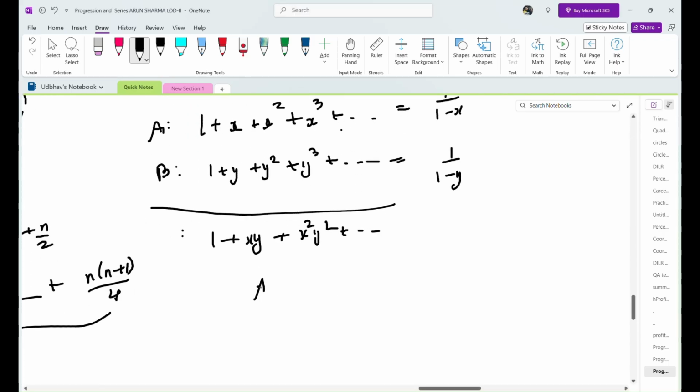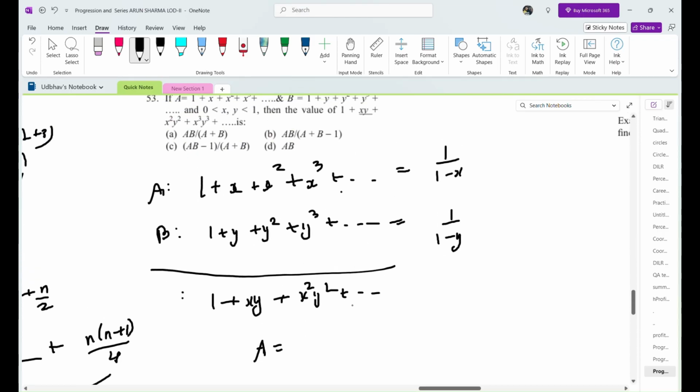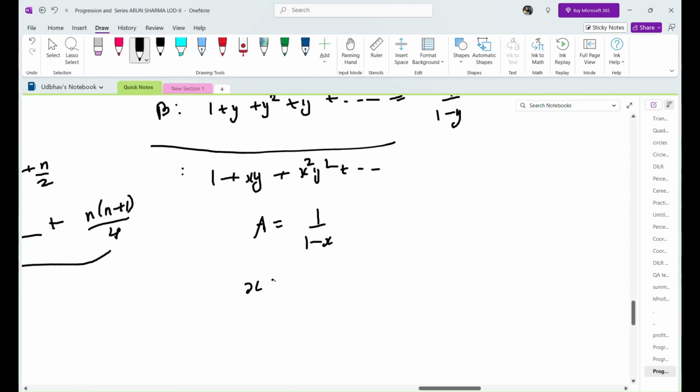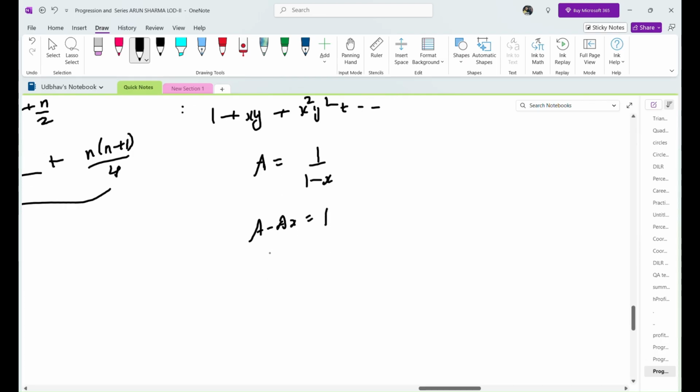So a equals 1 upon 1 minus x. So x equals... a minus 1 equals ax.